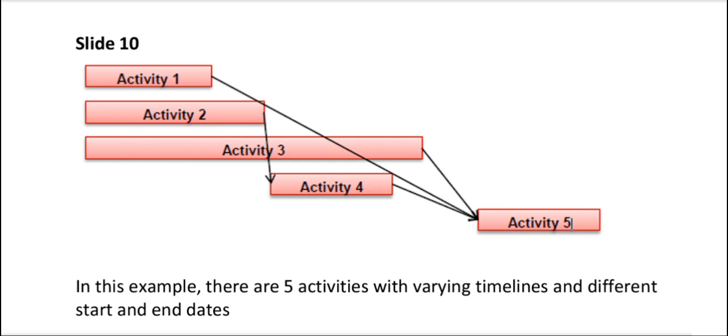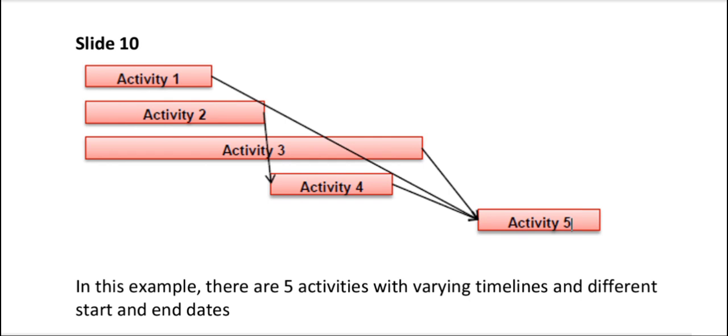In this example, there are 5 activities with varying timelines and different start and end dates. Notice that activities 1, 2, and 3 start at the same time. You can see that the starting points of the 3 are on the same level, meaning they start at the same time.